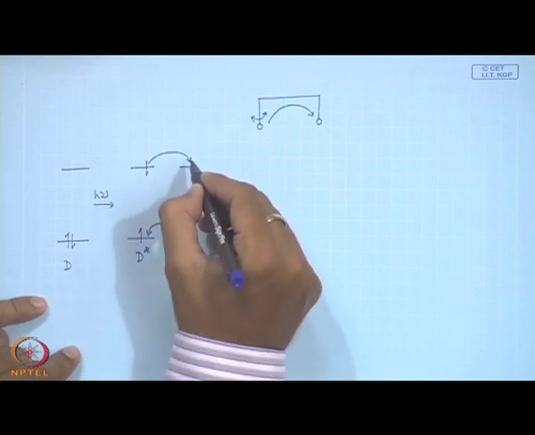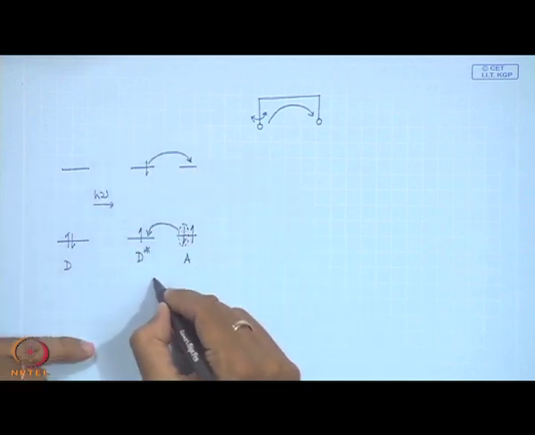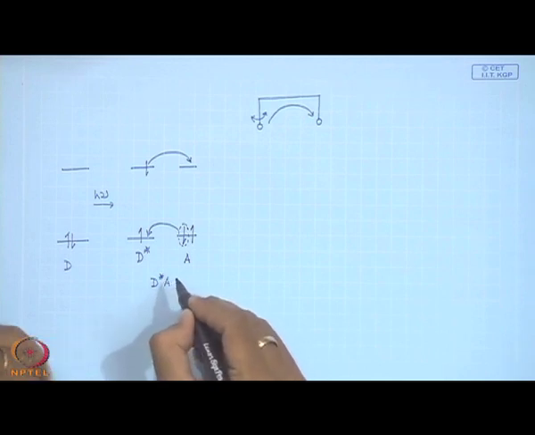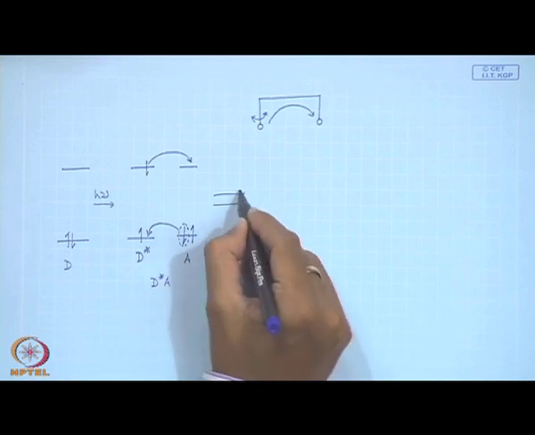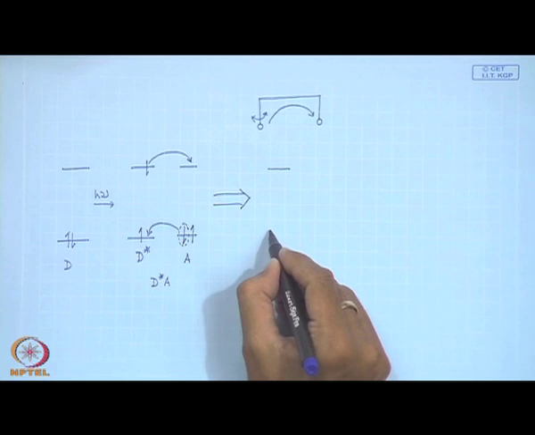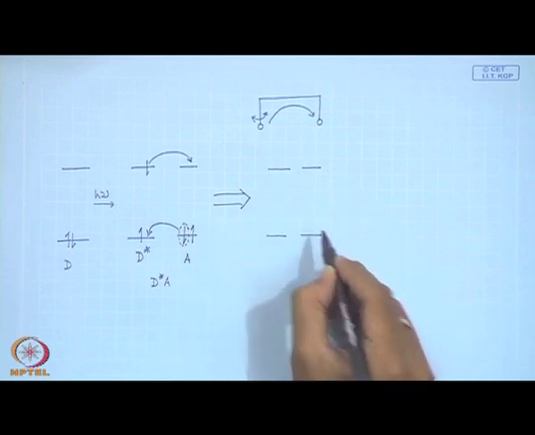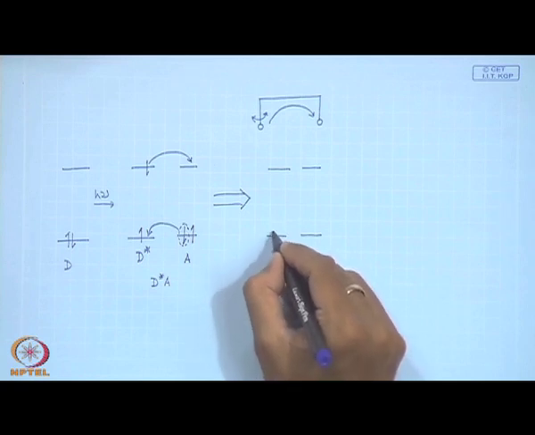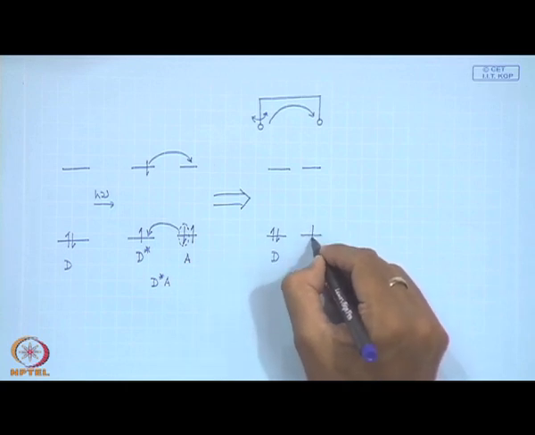So, this is your initial state, D star A, this combined description of the system. Then what you get is this: your D back to the ground state, and you have this.